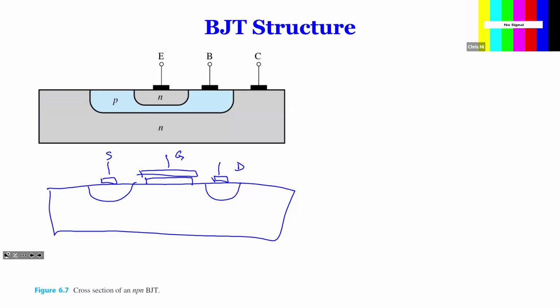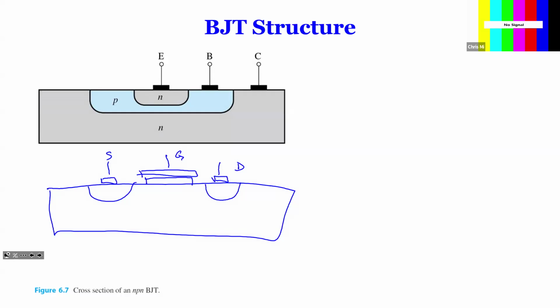That's why there's no current between gate and body, because this silicon oxide insulates. The semiconductor is silicon plus impurity, and it becomes a semiconductor. So there's a difference between silicon oxide and silicon. They're different things.